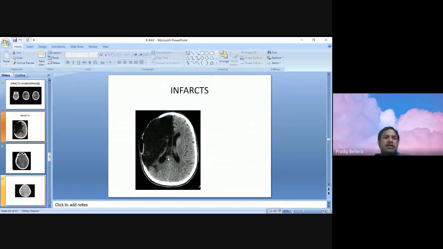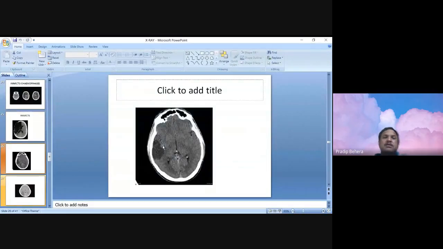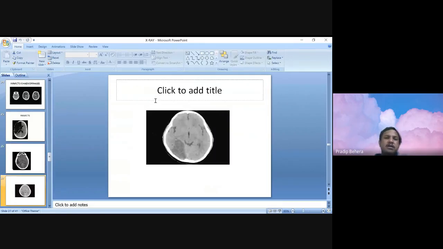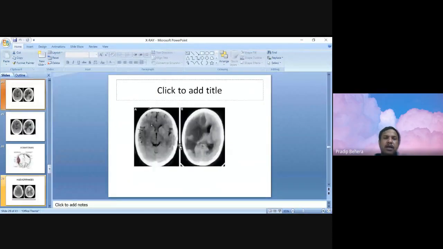This is again a huge infarction on the right side, extending from the frontal and parietal region, due to a large infarct in the MCA, an embolic phenomenon in the stem of the MCA. Here is another infarct on the right side MCA. Here is another infarct in the posterior part, an occipital lesion on the right side.